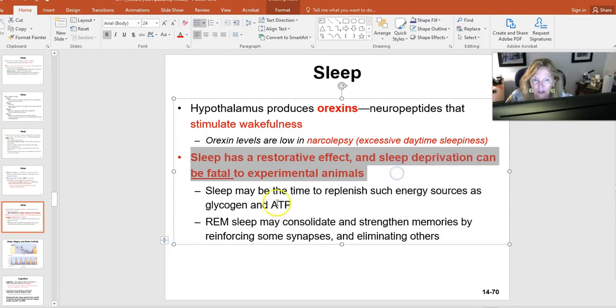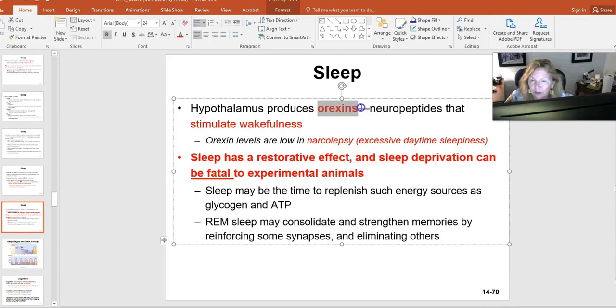The hypothalamus is producing these neurotransmitters that are acting as hormones called orexins that stimulate wakefulness. People whose levels are really low are going to have something called narcolepsy.